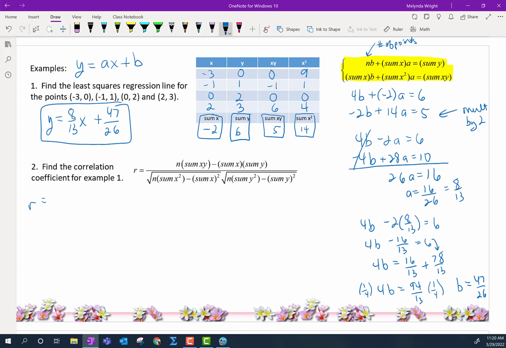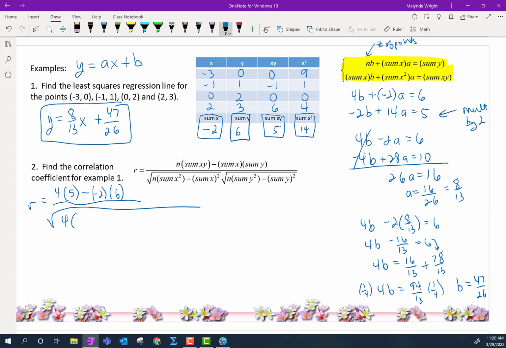We got this. So n is 4. Sum xy was 5. Sum x is -2. Sum y is 6. Okay, excellent. We got the numerator. Denominator is under a radical. Okay, that's fine. N again is 4.